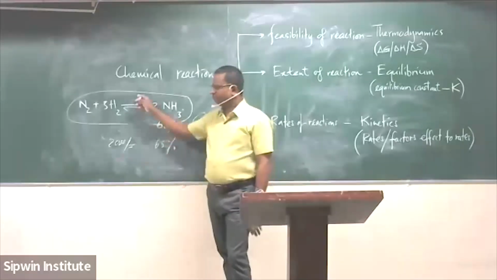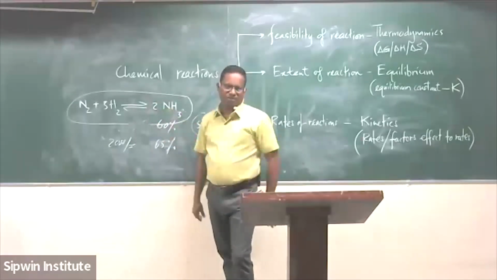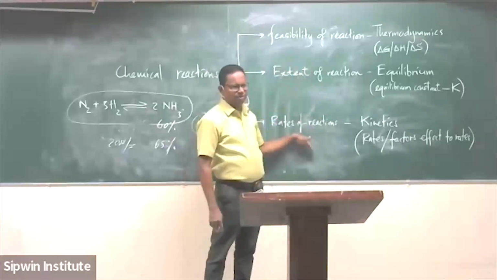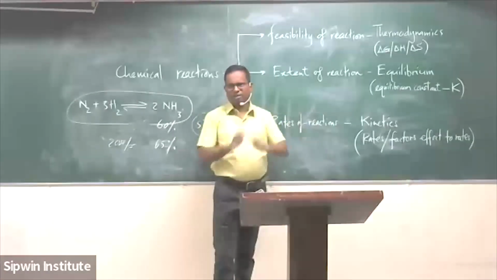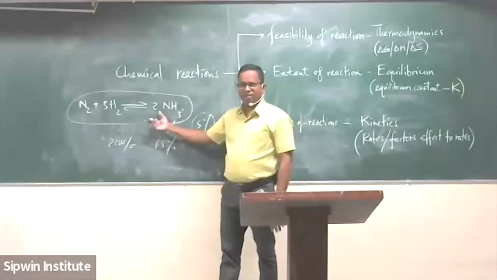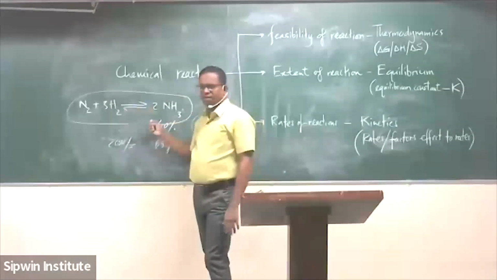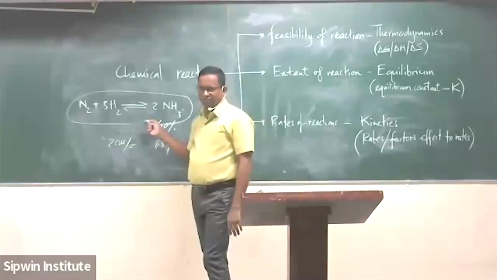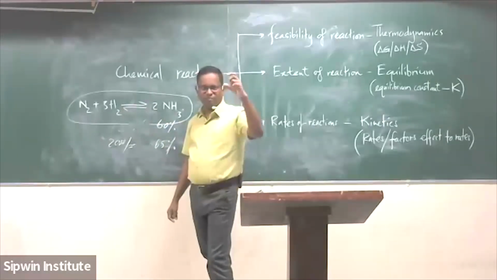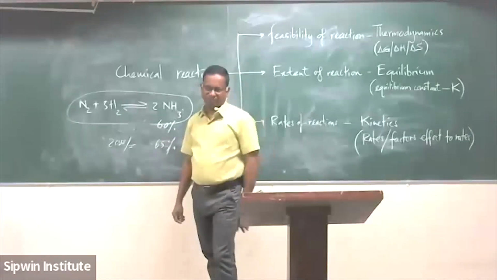Therefore, deciding this is not a simple process. So how to study that in 3 ways, and how to combine it in the industrial process. Later when you're learning industrial chemistry, finally we learn, when doing this industrial process, what are the optimum conditions we can apply?